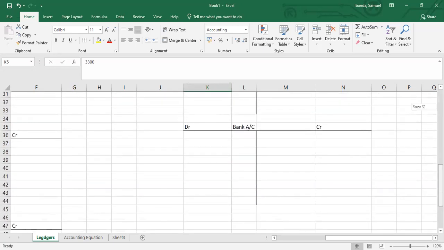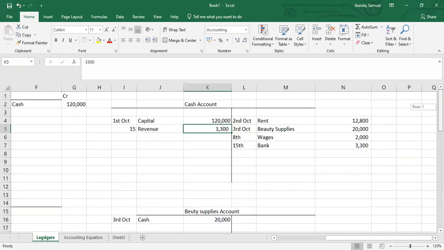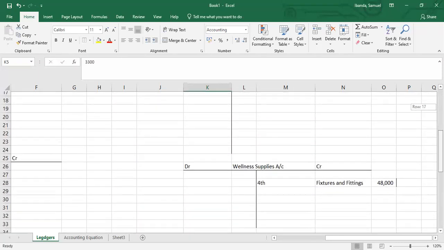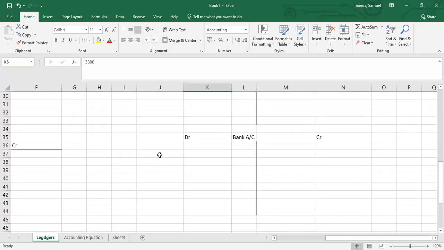So as I credit my cash book, I'll come and debit here on 15th, cash of 3,300.